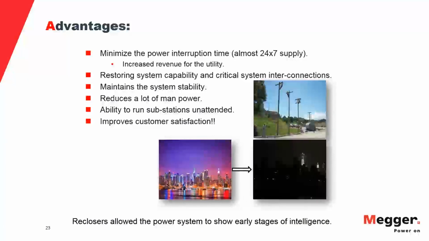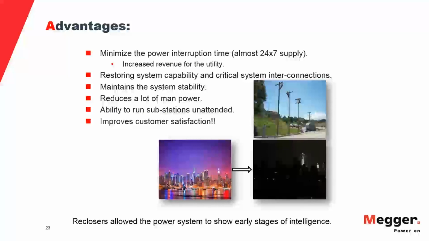Hence, you reduce a lot of manpower by the use of this simple yet very powerful scheme of automation. You allow substations to run unattended, and of course, you improve customer satisfaction.